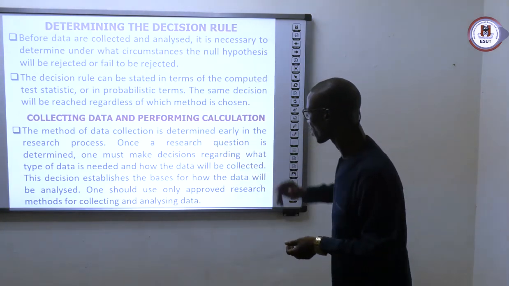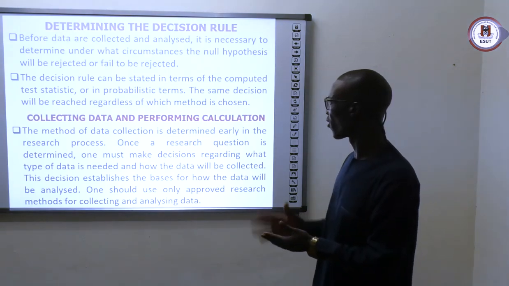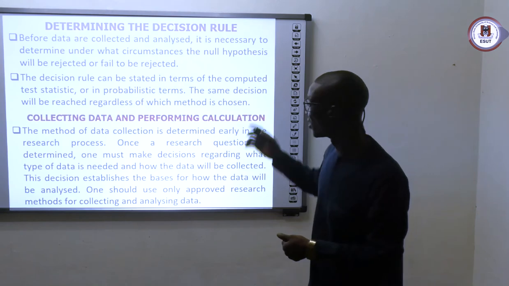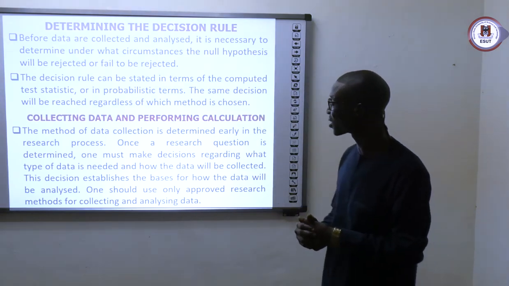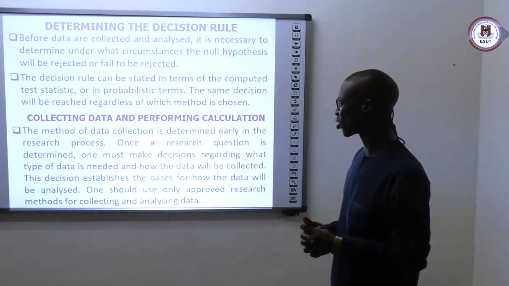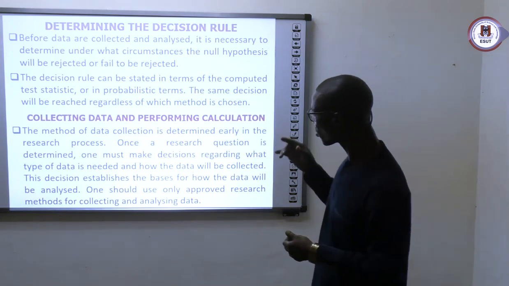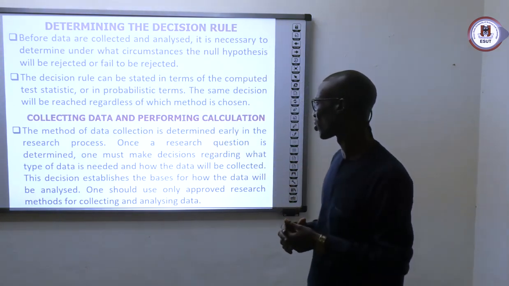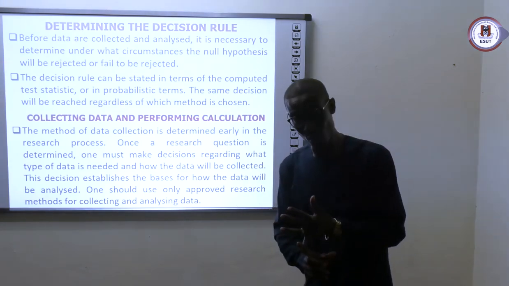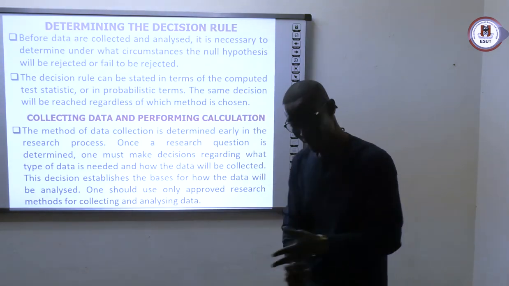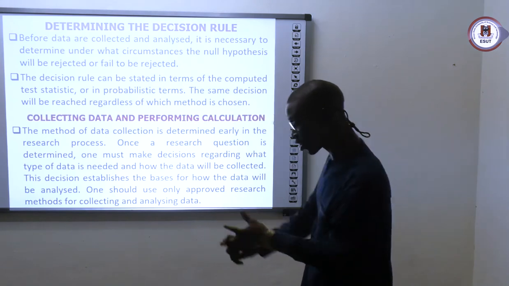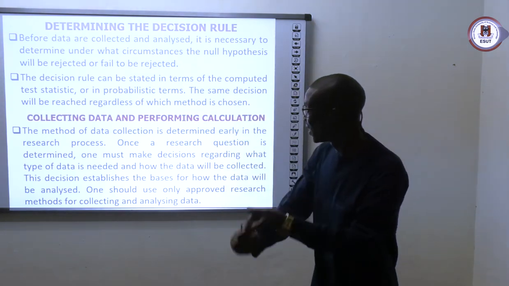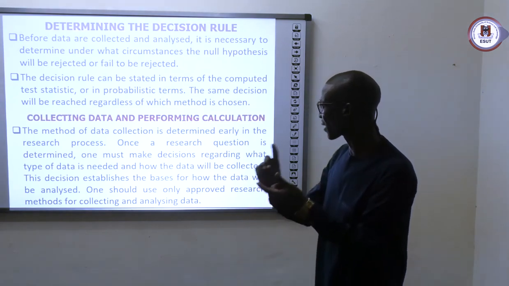One key area again for you to see if the test statistic or the decision you are taking in hypothesis testing is good is the structure of the data. So collecting data and performing calculation matters a lot. The type of test statistic we choose, the type of data we collected, the type of decision rule, and the type of alternative hypothesis we stated matter a lot.